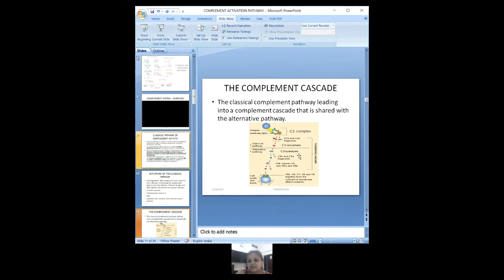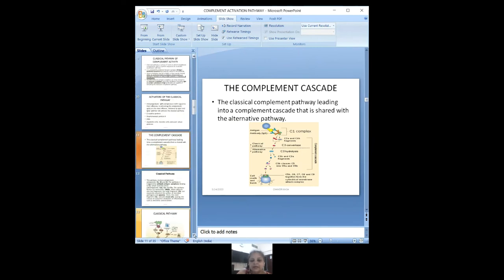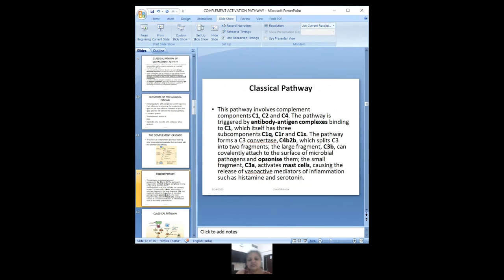This C3 convertase activates C5 convertase, and C5 convertase leads to the production of membrane attack complex. So let us see what the steps in the classical pathway are.